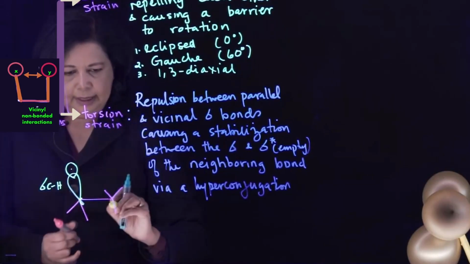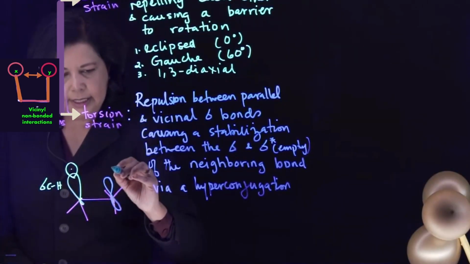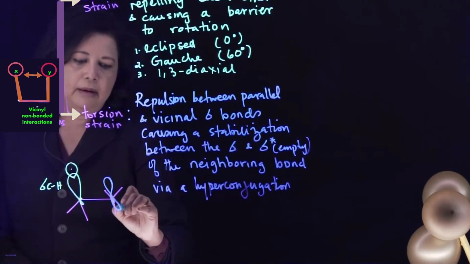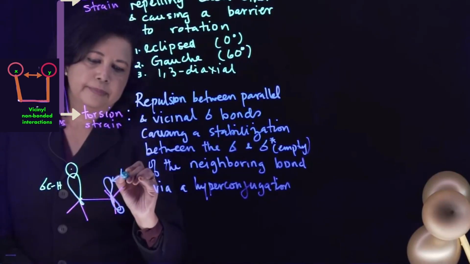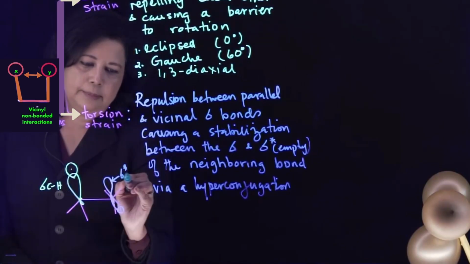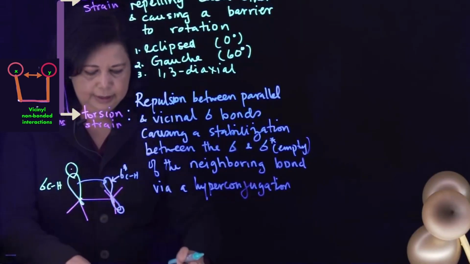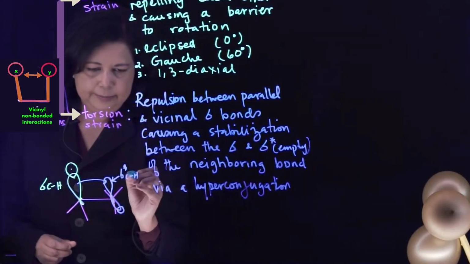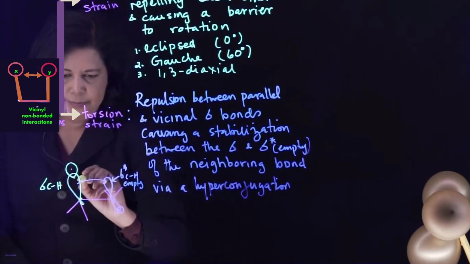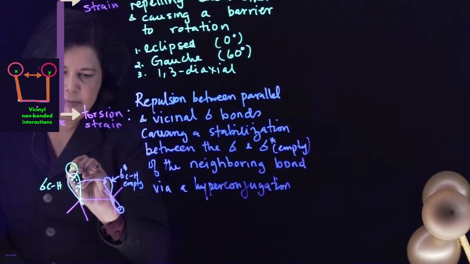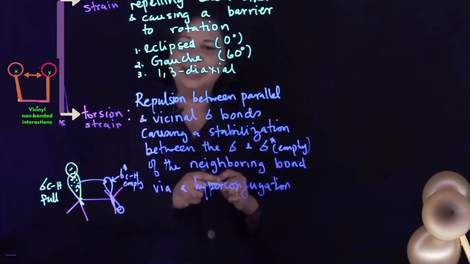Every sigma bond has a sigma star bond. And the sigma star bond here is going to help this go over here. That's empty. And this is full. When you say full, it means full of electrons.